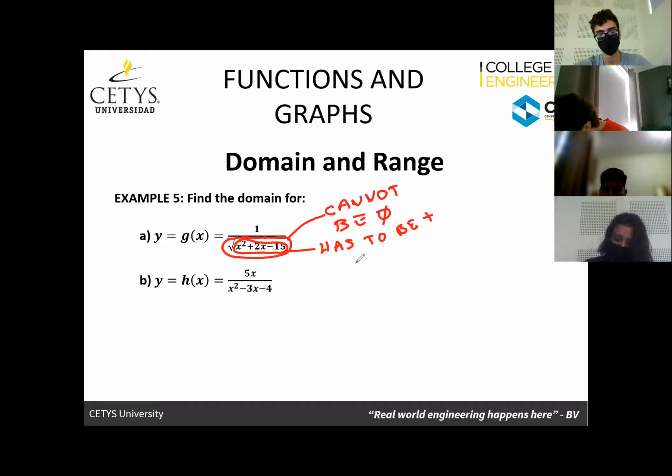It's the same that we made in the previous problem, with one little modification. So I'm going to write it down this way. What we did in the previous problem, if you agree, we said this: x squared plus 2x minus 15 is larger than or equal to 0, right?